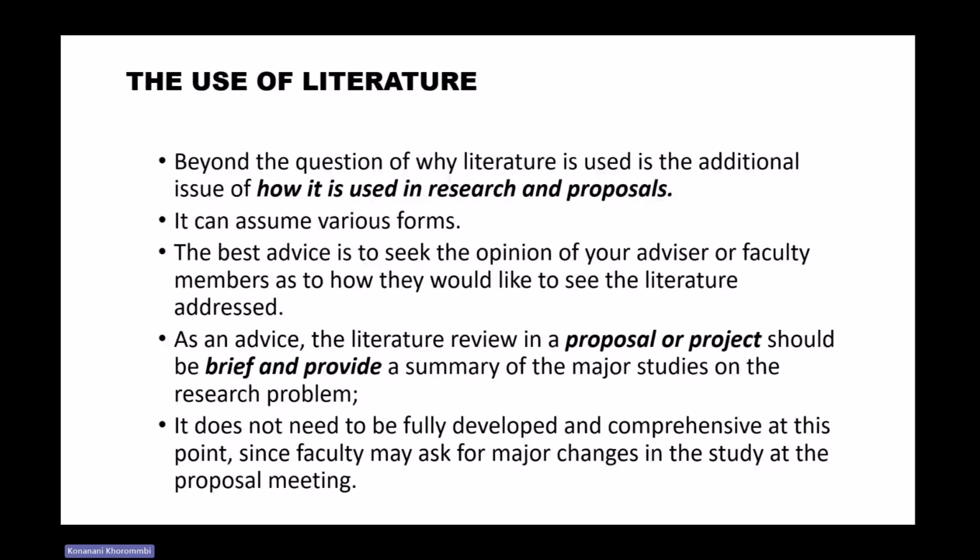It starts immediately you identify a topic. This is what I said when I started here. Then it is continuous. It means there is no section of the research project that will not use literature, and therefore literature review is a very strong support.